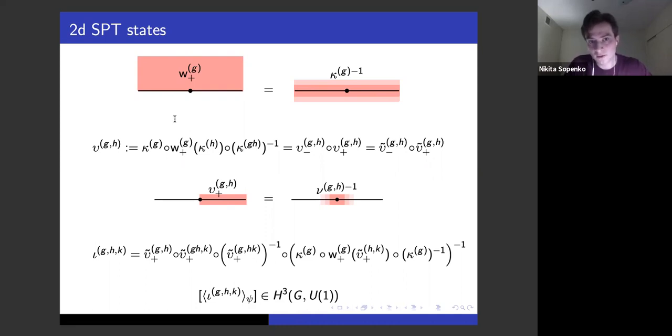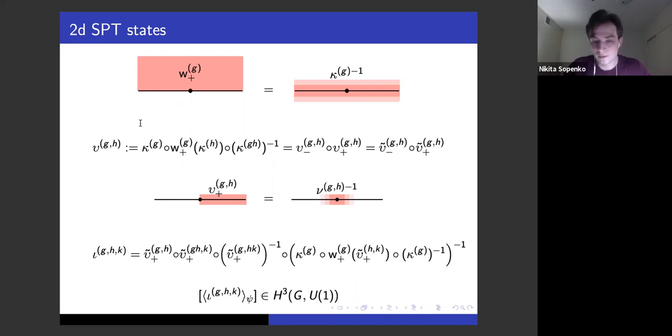So we can consider this action of the symmetry G, apply it to a half space, and the resulting state, as I described in the picture with the stabilization, is actually invertible, because we can also construct its anti-state by acting on the lower half space.